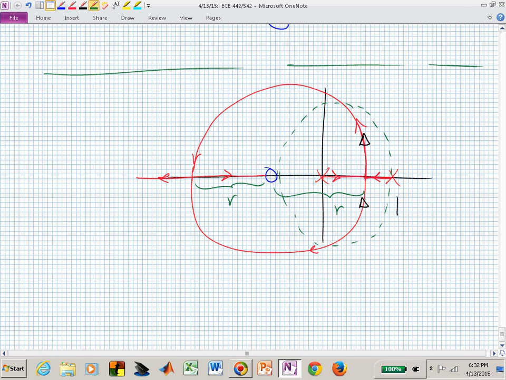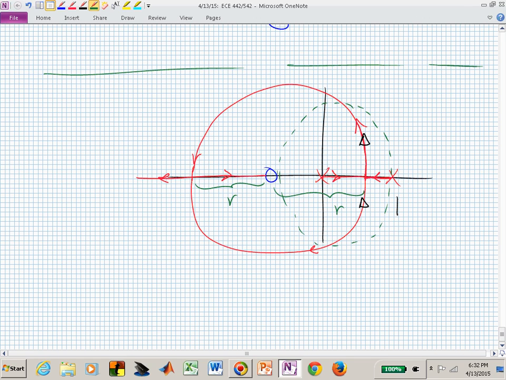Is that clear? And if that's true, then there's an upper bound on the gain K before you start to get outside the unit circle, and you never come back in to the unit circle based on this diagram. And you have to have all of your poles inside simultaneously. If you had 10 poles, if they're not all inside the unit circle at one time, you don't have a stable system.